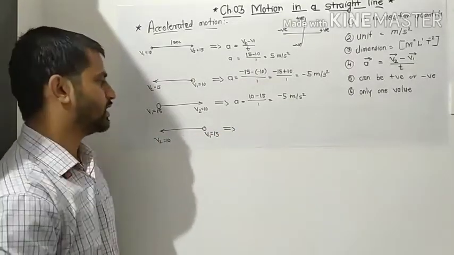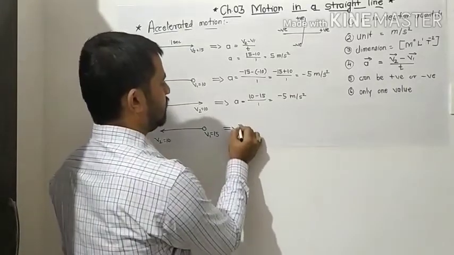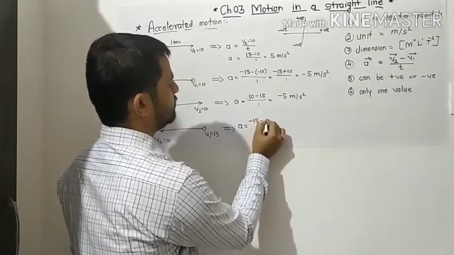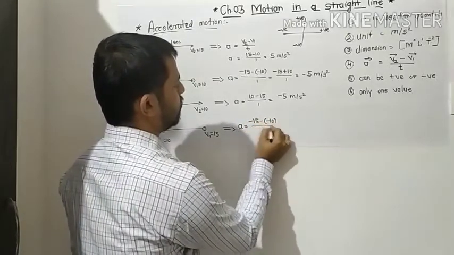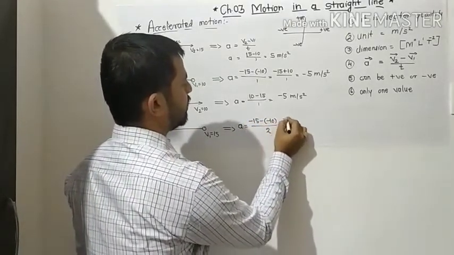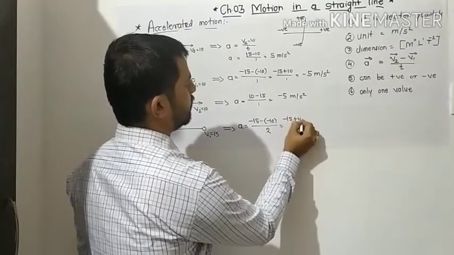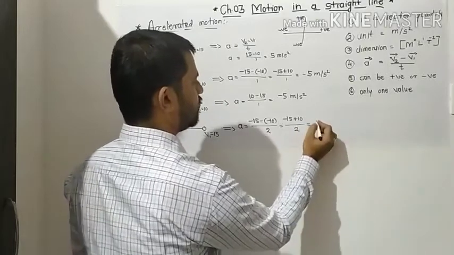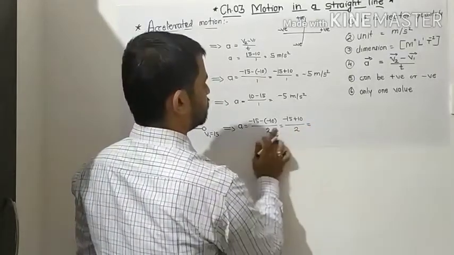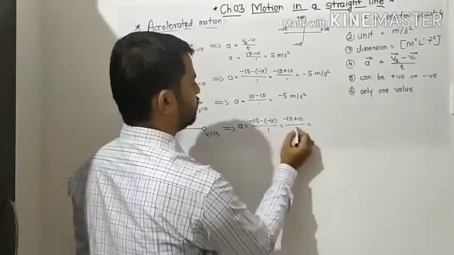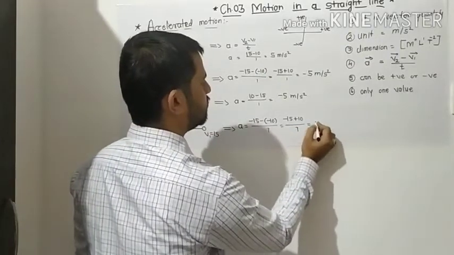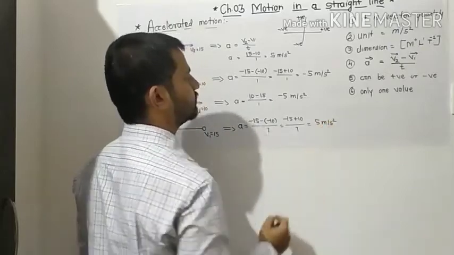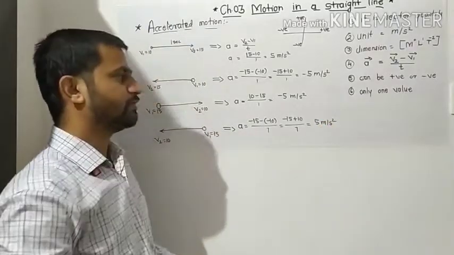Acceleration is equal to minus 15 minus 10 upon 2, it will be equal to minus 15 plus 10 upon, sorry, here it is 1 second we are considering, so here it is 5 meter per second square.